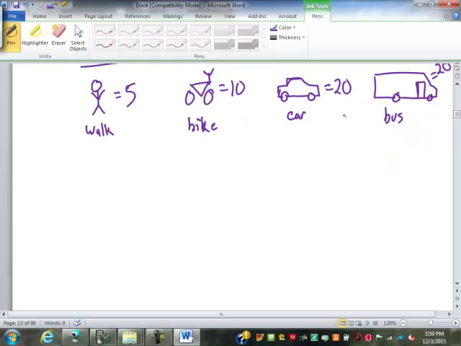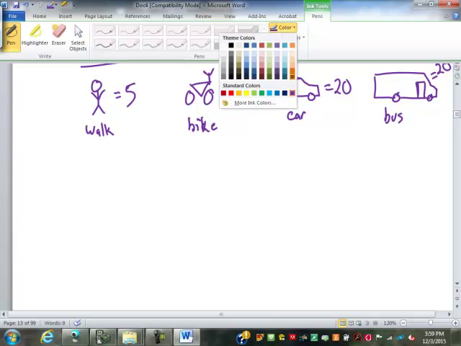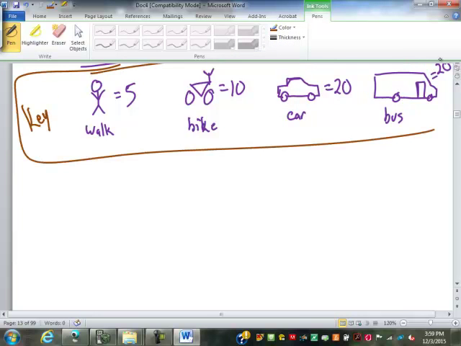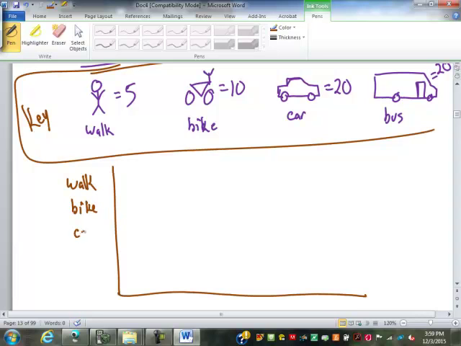Notice what I did after each of those symbols? I put equals a number. This is what would be called the key of my graph. So on my pictograph, again, that's not just bus, that's public transportation, but that's okay.